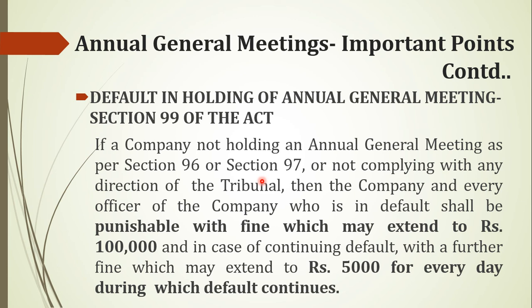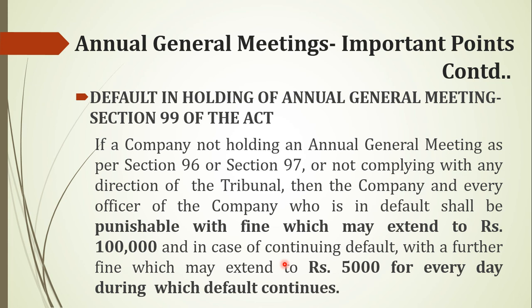If a company is not able to comply with these two sections, or is not complying with the direction of the tribunal, then the company, and second, every officer in default, that is, every officer of the company who is in default, shall be punishable with a fine which may extend to rupees 1 lakh. If the default is a continuing one, the fine may extend up to rupees 5,000 per day till the default continues.